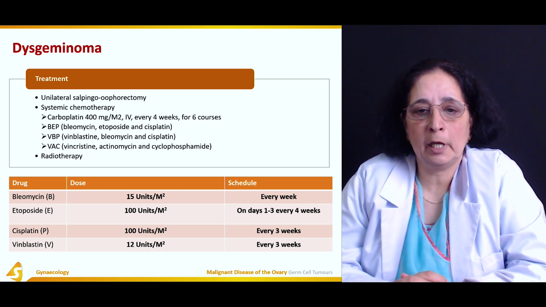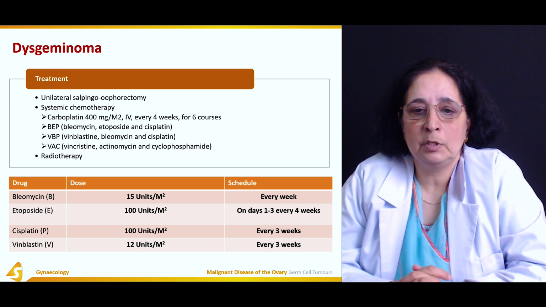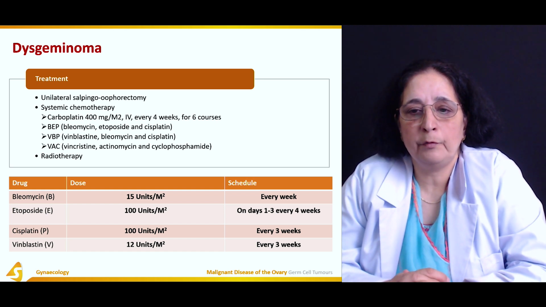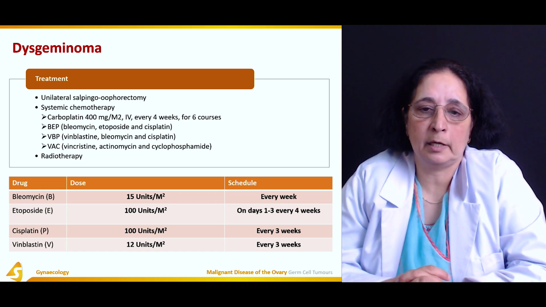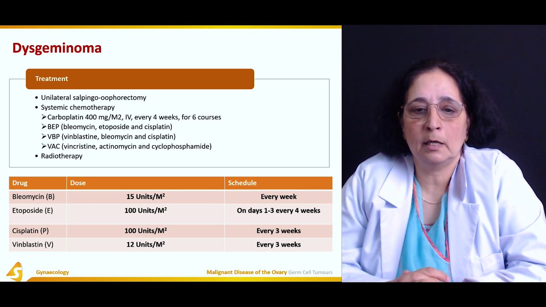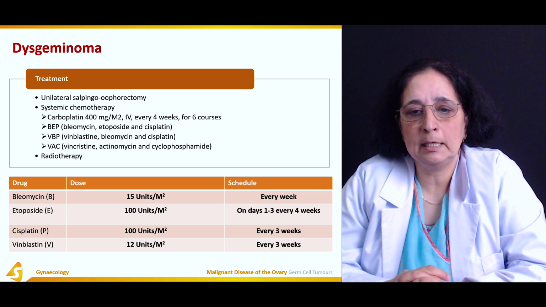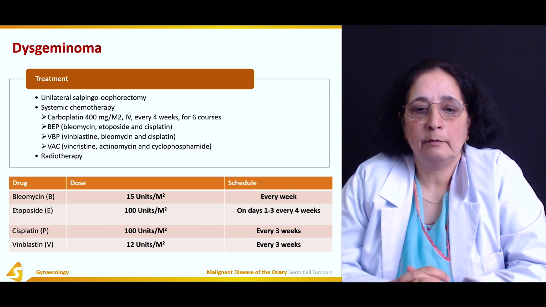In chemotherapy, usually carboplatin is used about every 4 weeks for 6 courses. It is given intravenously. And then there is a combination chemotherapy, BEP, which is bleomycin, etoposide, and cisplatin.